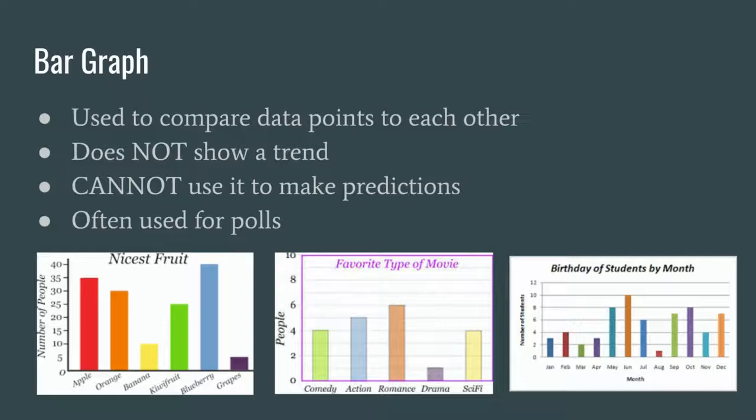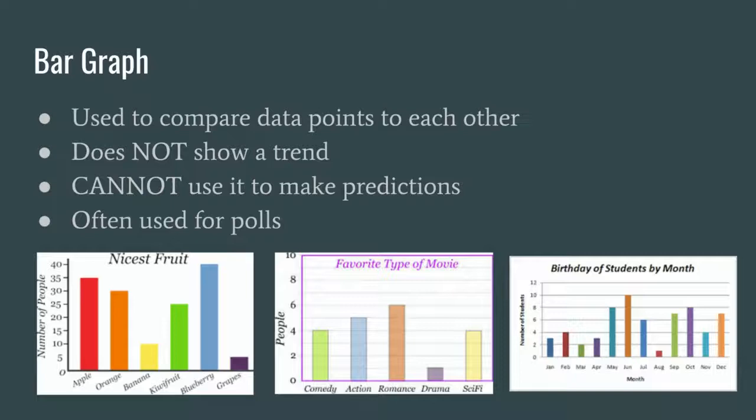Now you could say, hey, we interviewed somewhere around 20 people for the favorite type of movie, and 6 out of the 20 liked romance. So if we interviewed 100 people, we could possibly have similar results: romance would be the highest, action would be second, then comedy and sci-fi would be tied for third. You can make a prediction like that, but it's not as solid of a prediction as with a line graph.